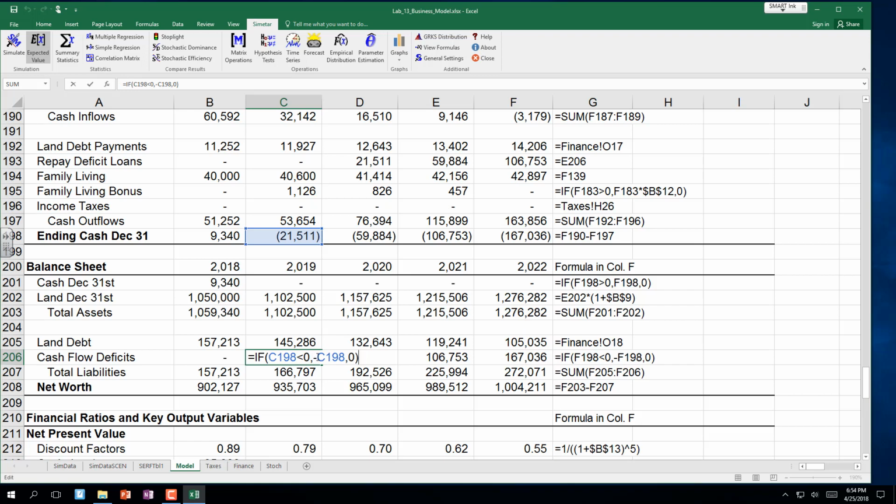Okay? So that's like having a negative liability where the bank loans you money. Okay? And it messes up the net worth. Okay? And then it messes up what you do in the rest of the model. Because when you have to repay that loan, okay, it comes up as a negative number.